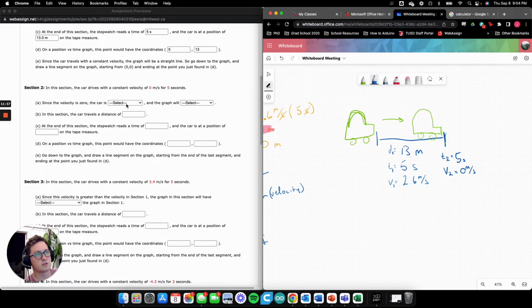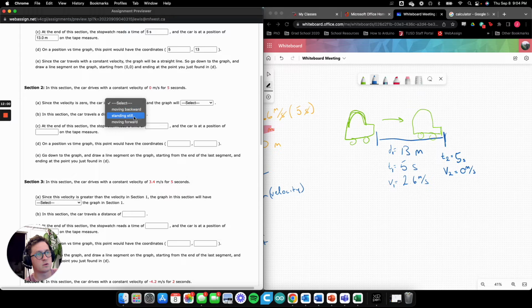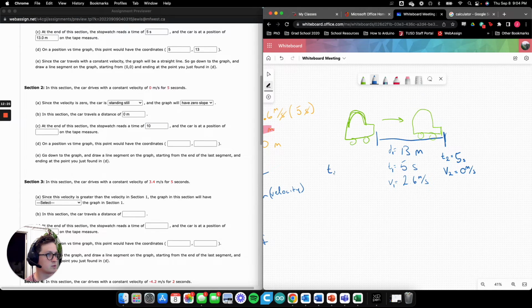So the distance it would travel: it's standing still because its velocity is 0, so the graph would have 0 slope, it would be flat. In this section, it would travel 0 meters. At the end of this section, the time would read 10 because we did 5 seconds plus another 5 seconds.